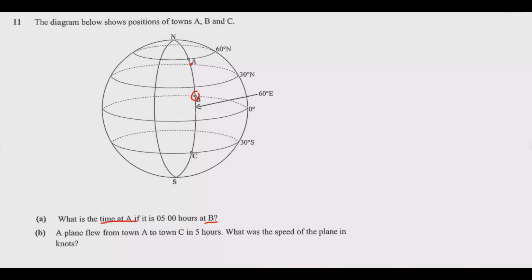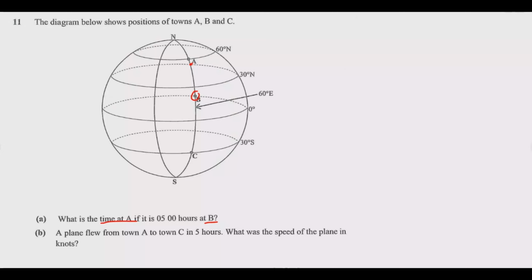Take note that the time difference between two locations depends on their differences in longitude. These are the longitudes, and these are the ones that determine the time difference. As long as they are on the same longitude, the time will be the same.